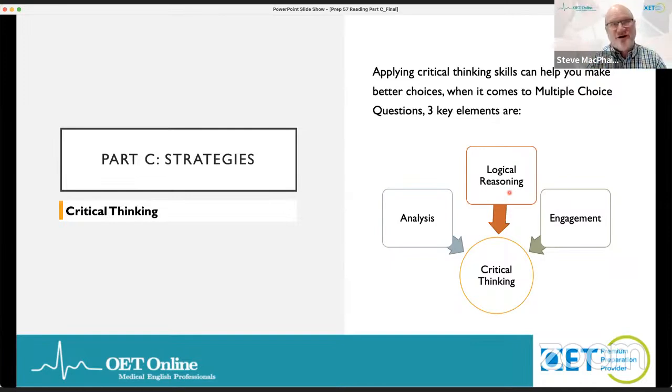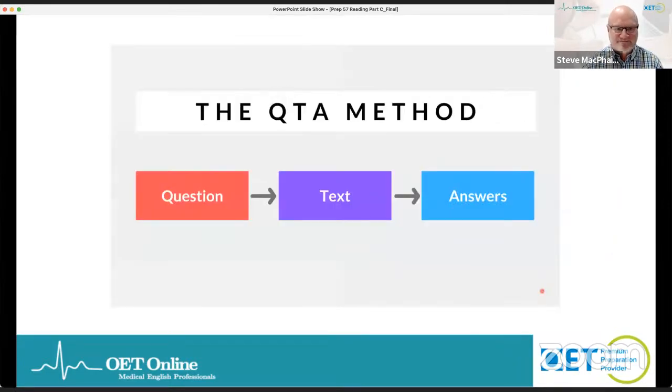You're really looking for a 100% match, because quite often you'll find answers are sort of half right. You can find some of the information in the text, but it's not complete. All right, so that's where you use that logical reasoning. And the combination of those three things is what we call critical thinking, all right? To think critically, to use your analytical skills to make choices.